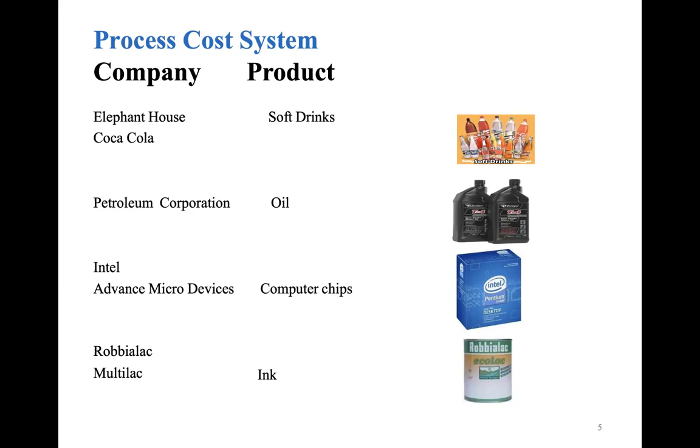Robialac and Multilac make paint, okay, not ink. So these are the products. They can follow this process costing. That means they have several processes from raw materials to finished goods. They are following different processes, which means there are different departments involved in the manufacturing process. Clear?